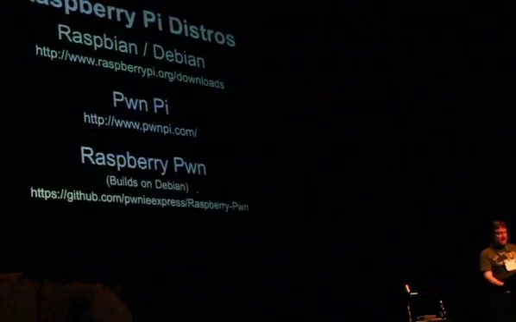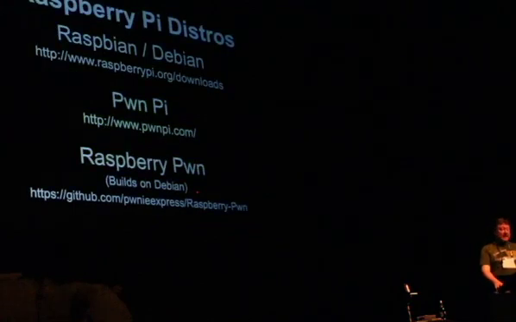It has 10/100 Ethernet on board, and it has USB, so it's quite expandable. It was designed to plug into a TV, aimed at schools where they probably wouldn't want a whole stack of monitors in the classroom. So it's got composite output and HDMI, and you can just plug it into any TV to use as a monitor. And the operating system boots off SD card.